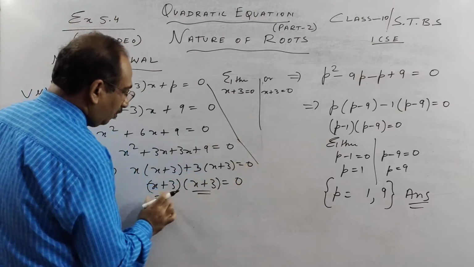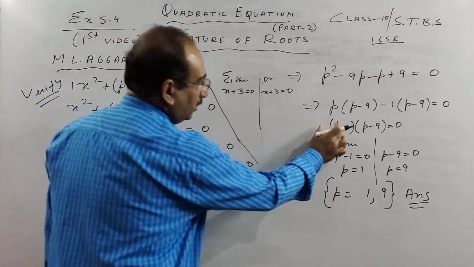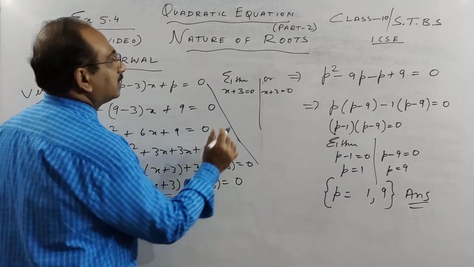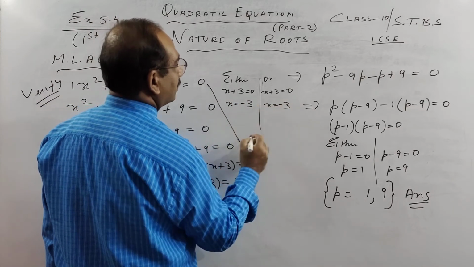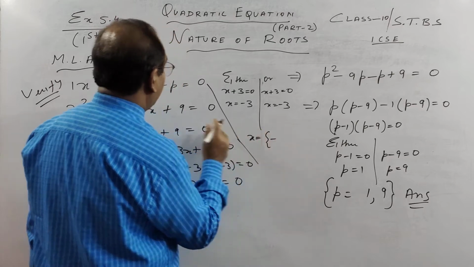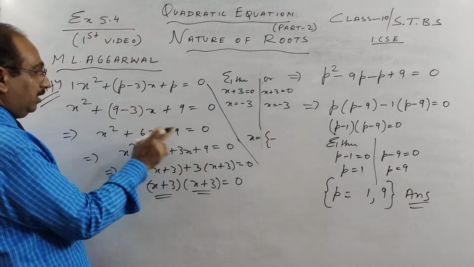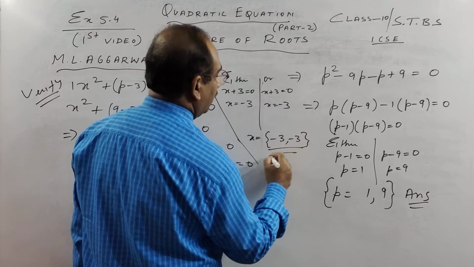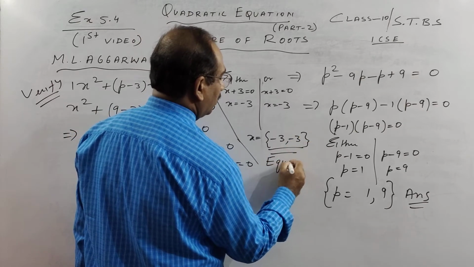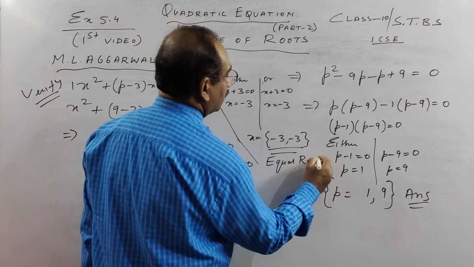See here, both, what we did before, either this is 0 or this is 0. So x gives you minus 3, x gives you minus 3. So same, children, when you put p's value as 9 or 1, you get what is called equal real root. Okay, root means the solution.